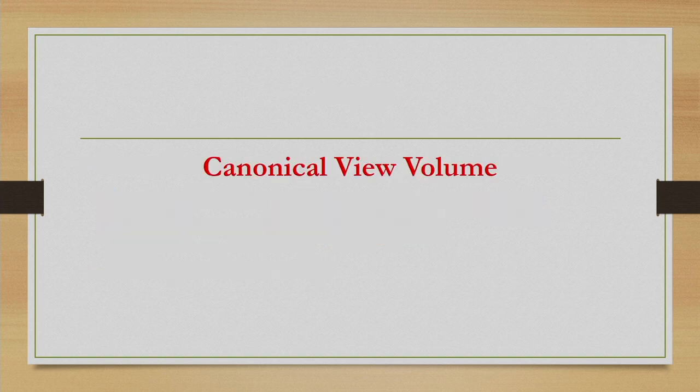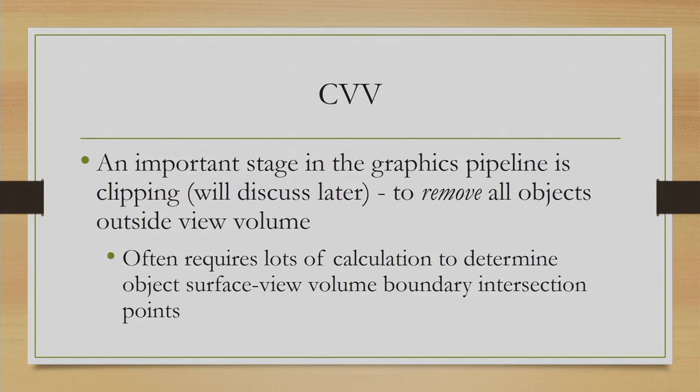Now, before we discuss the mapping, we would discuss one important aspect of projection transformation that we did not discuss in our last lecture, that is the idea of canonical view volume. Let us see what this volume means. As we mentioned earlier, there is an important stage in the graphics pipeline.